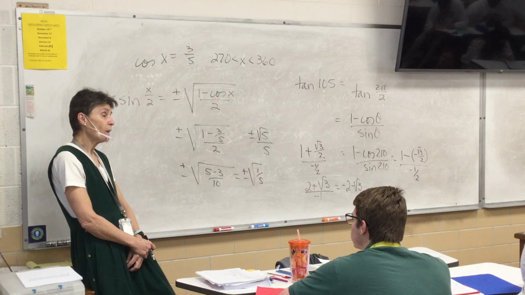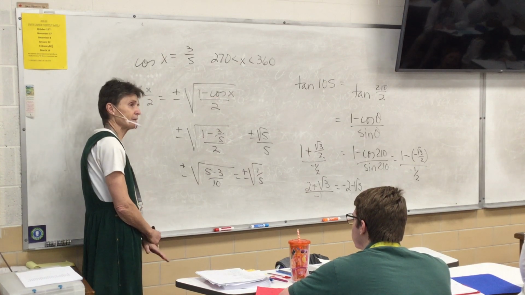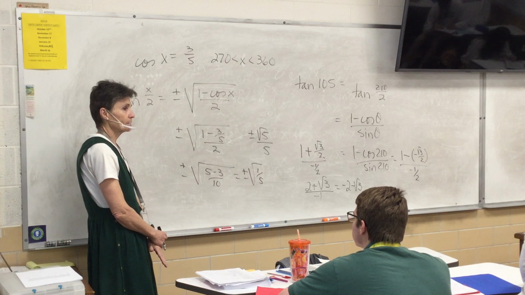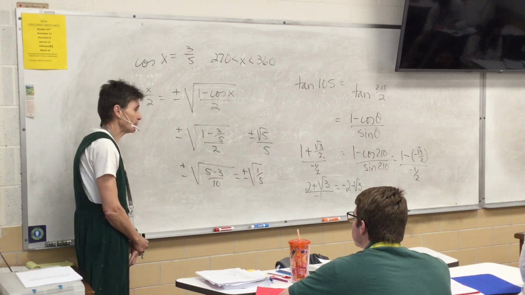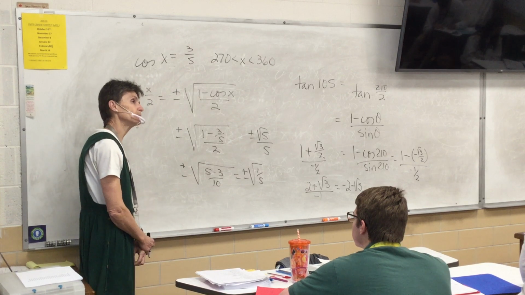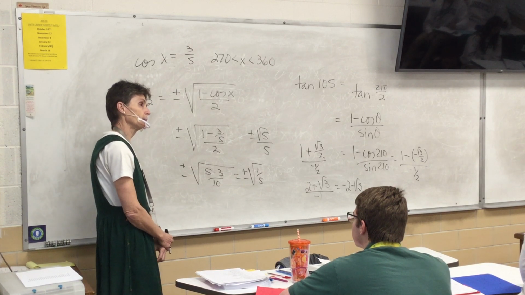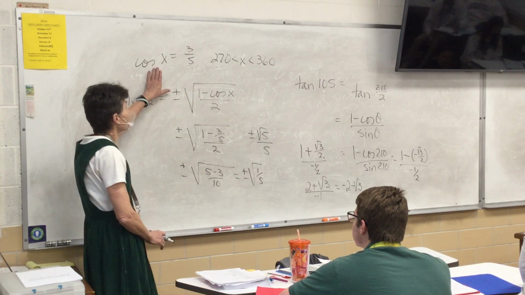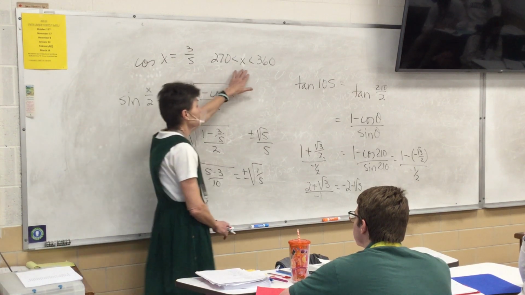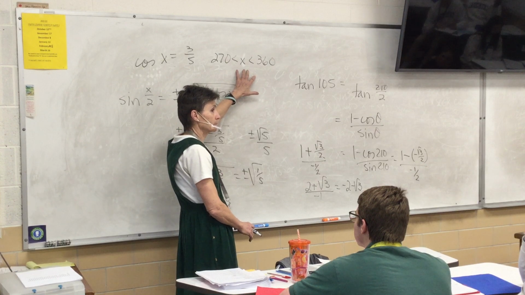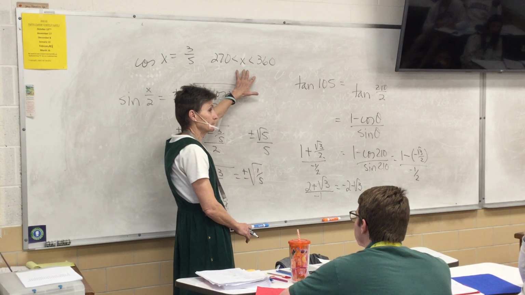We have no idea what this angle is, but we have to figure out if we want the positive or the negative. Well, cosine is x, and then your range is 270 to 360. Wouldn't you want both?